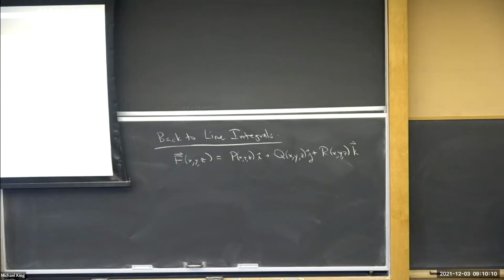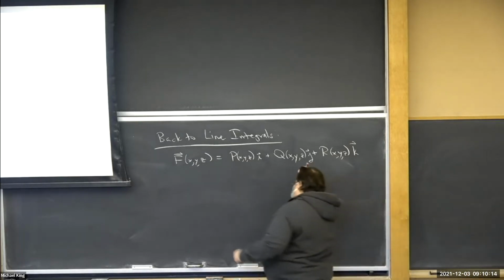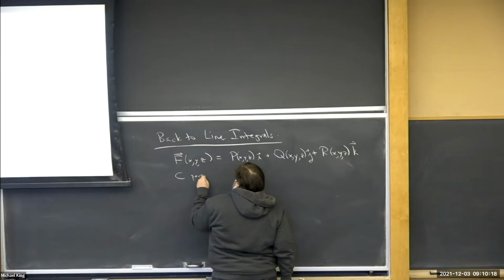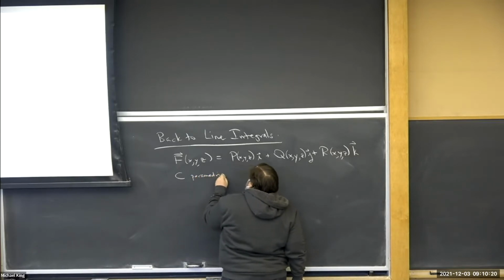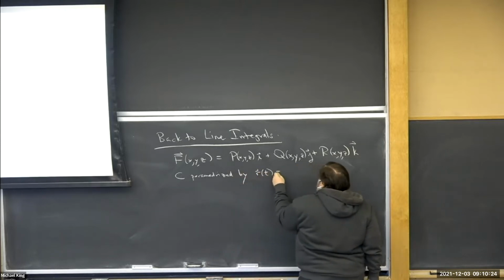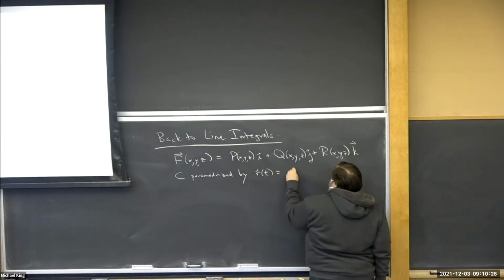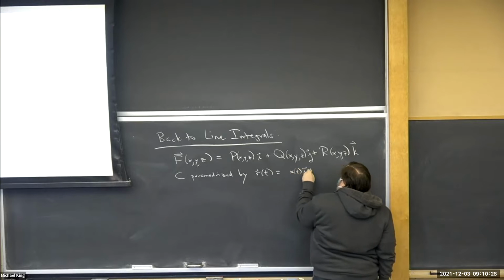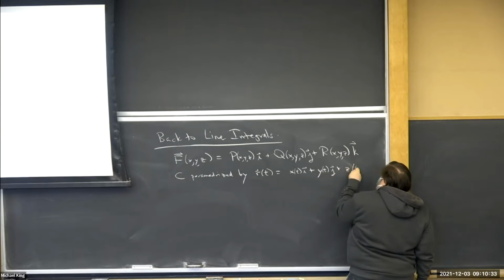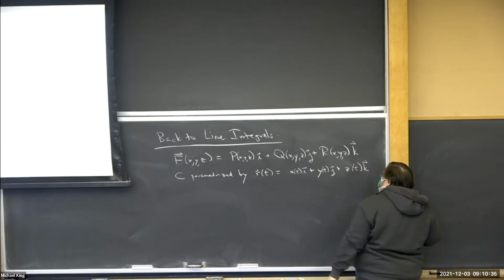So if that's your expression here, and C is parameterized by r of t, which is like x of t, y of t, and z of t, right?